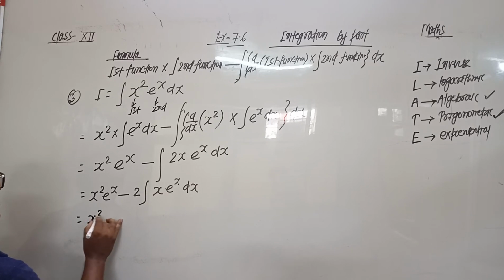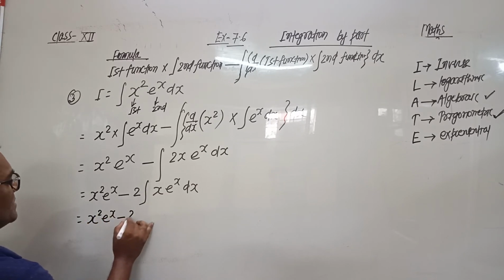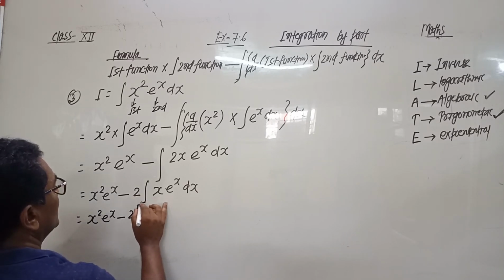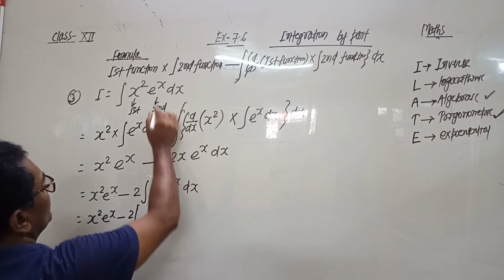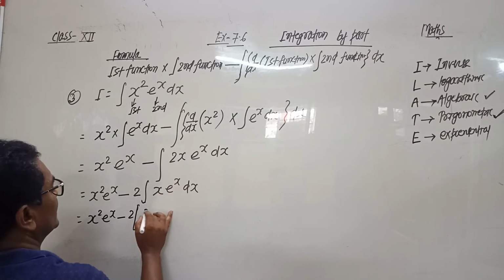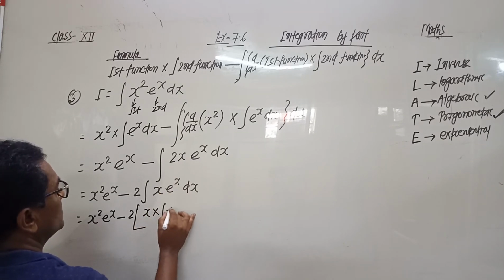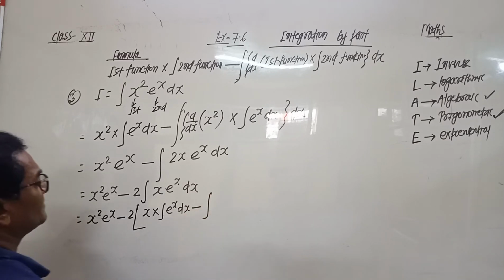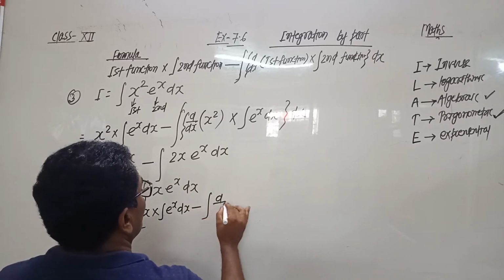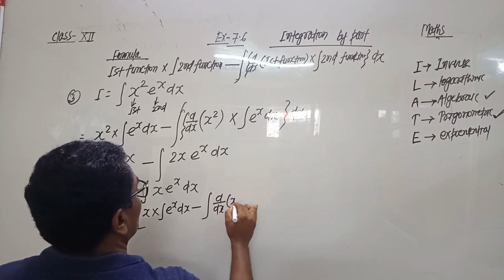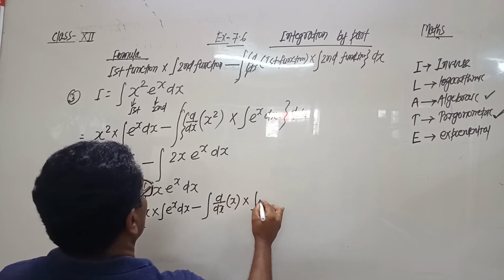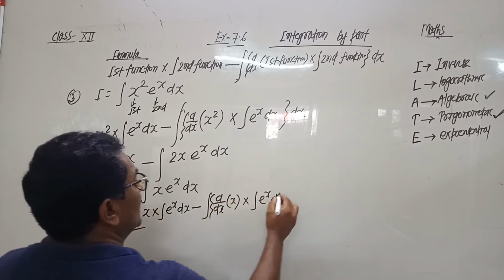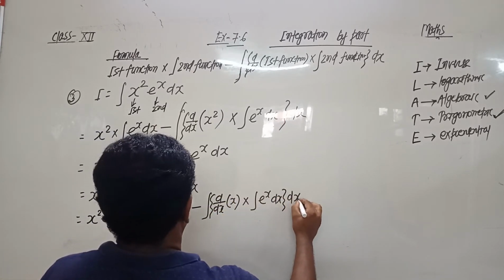So x square e raised to the power x minus 2, then again we use the formula of integration by parts. So the first function means x into integration of second, minus integration d by dx of first into integration of second, and for this integral we use the sign dx.